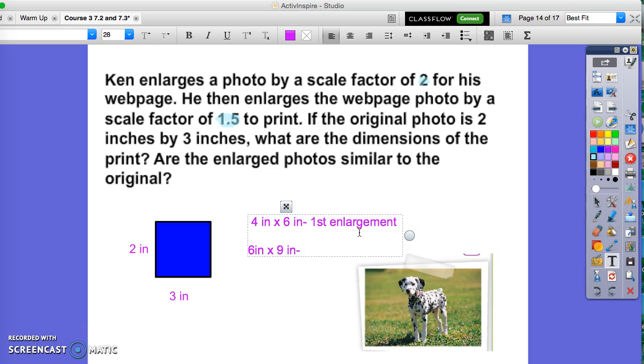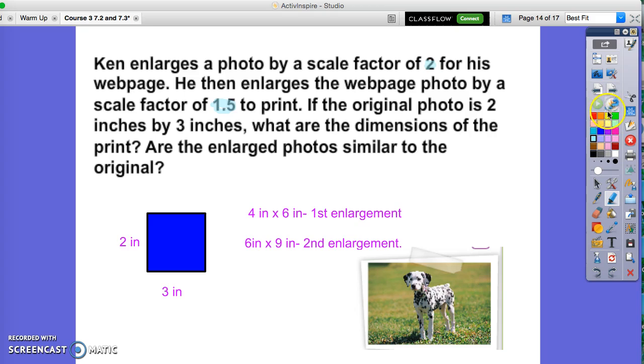Okay, so that's our second enlargement, and that's our final answer. Okay, so that's all you're doing, is multiplying them out.